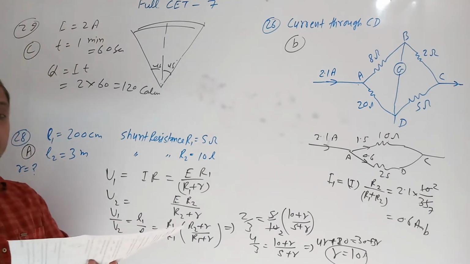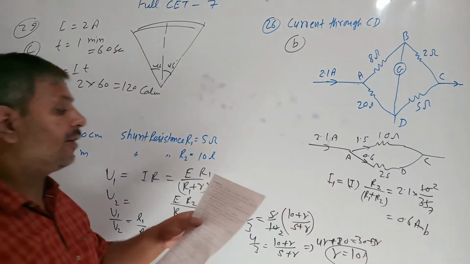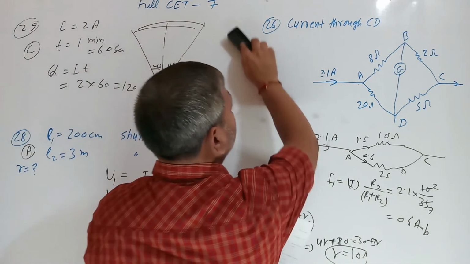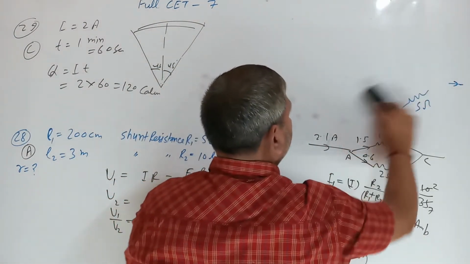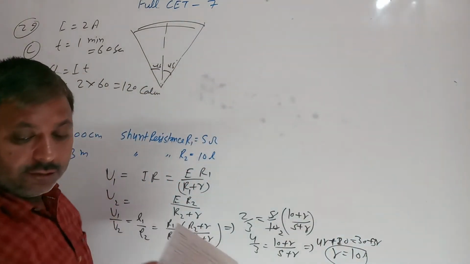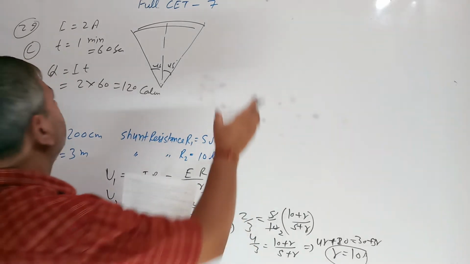Question number 30. For a cyclotron, radius 64 cm, accelerating, cyclotron frequency they have given. So cyclotron frequency and radius they have given. So what will be the maximum speed?